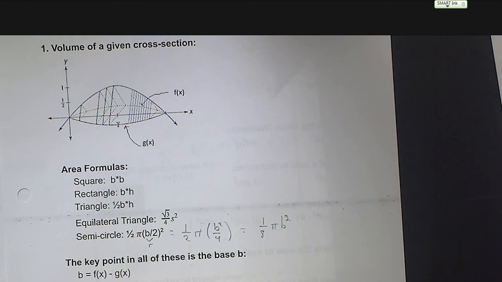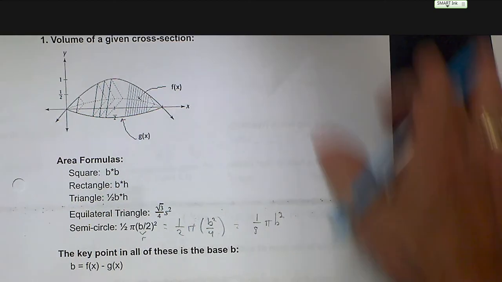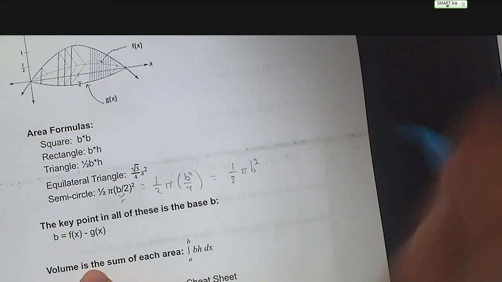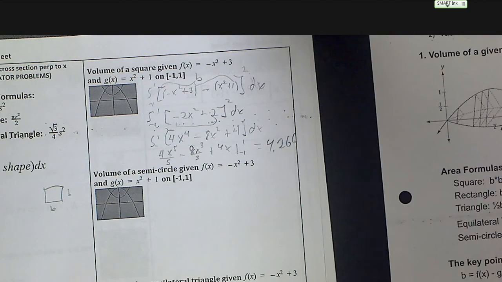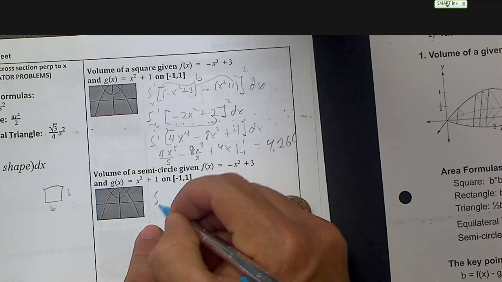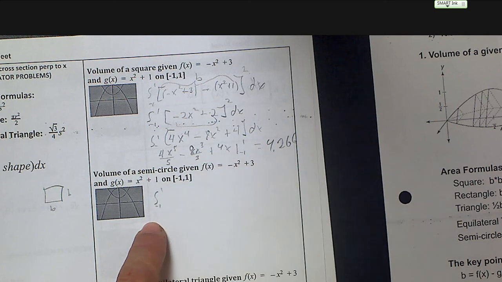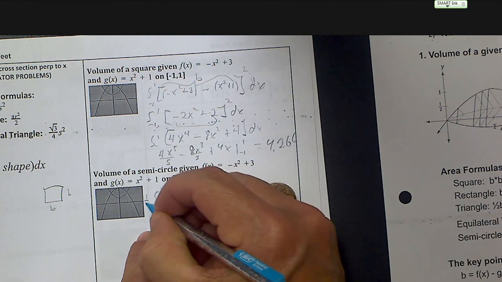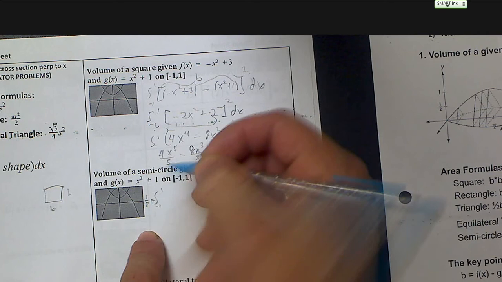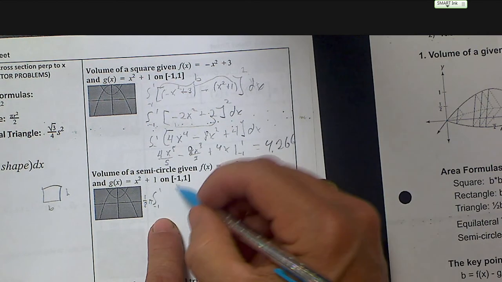Yes. So this is what we're going to want to integrate over here. It's 1/8 pi base squared. And base is going to be the top equation minus the bottom equation again. So we're going to go from -1 to 1 again, but given what we just saw, it's going to be 1/8 pi from -1 to 1 of, well, guess what?